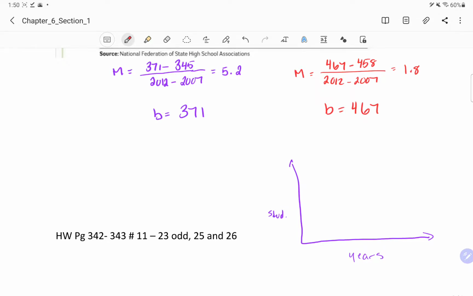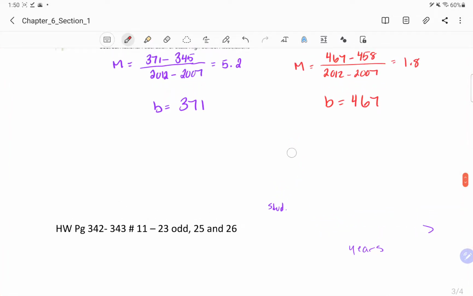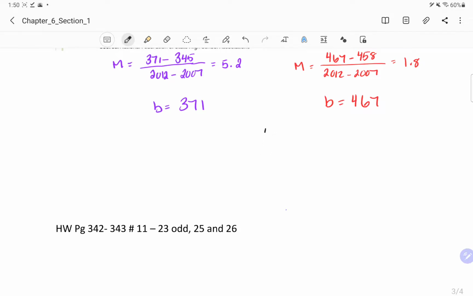Okay, so you're going to put them on a coordinate plane and graph them. Are you going to get exactly the right number? Well, technically, yes. Are you going to be able to read it very easily? Maybe, maybe not. So you're going to want to do some checking here to make sure you're getting the correct answer.